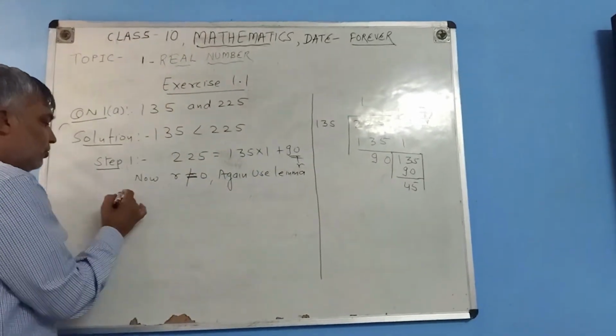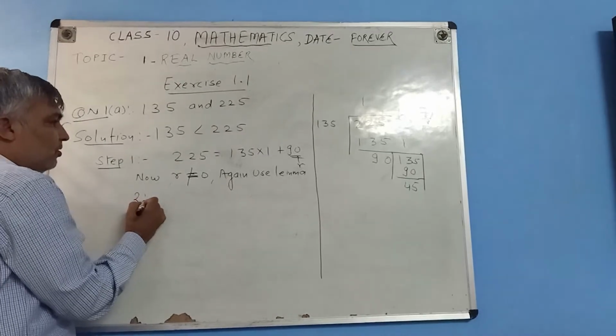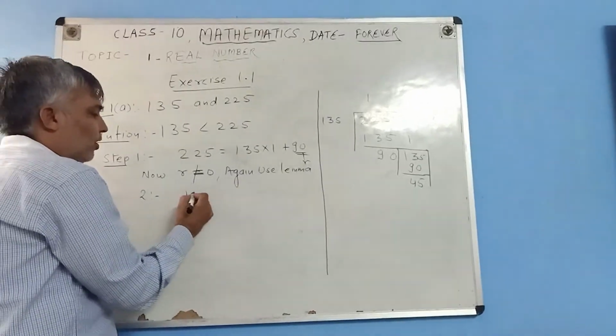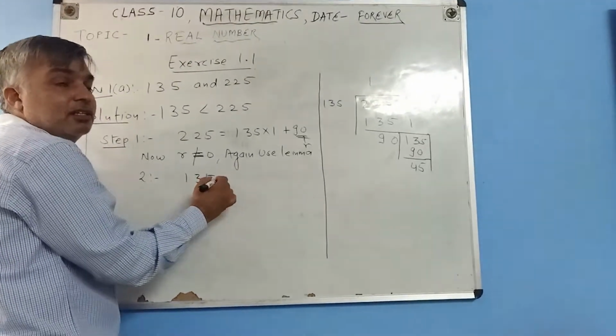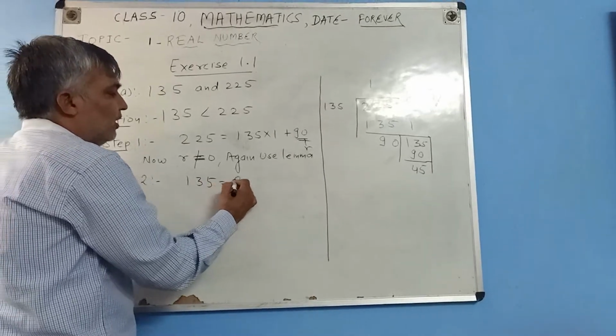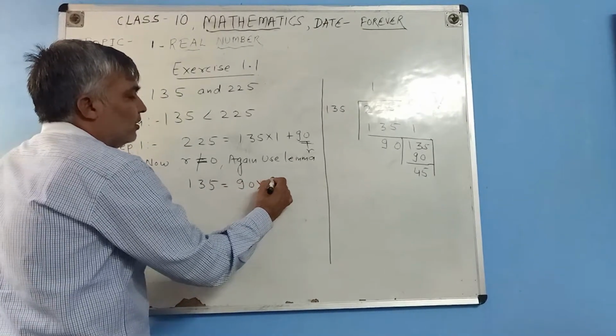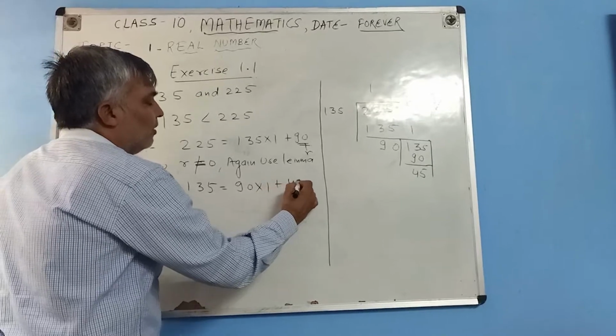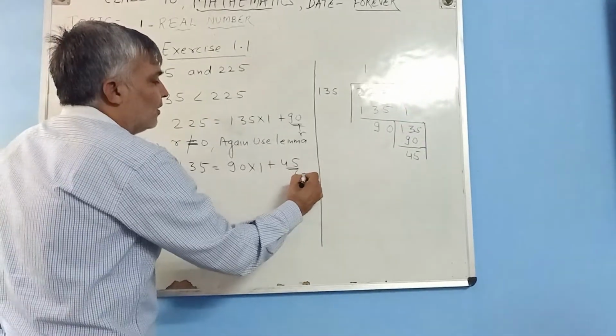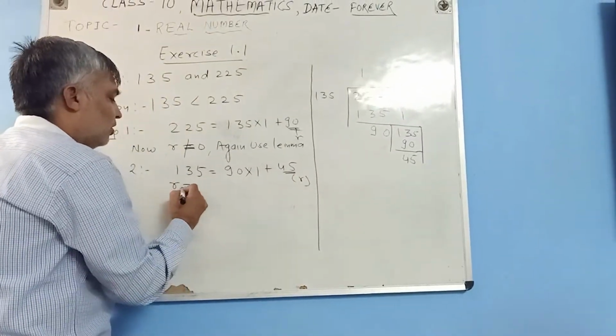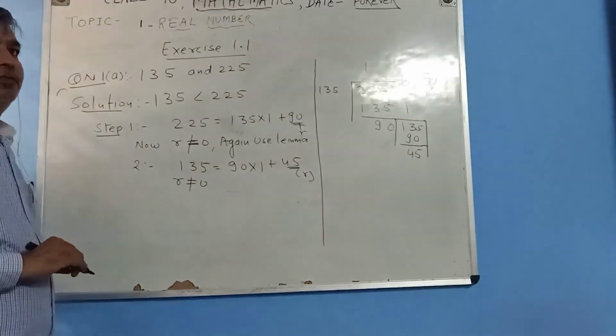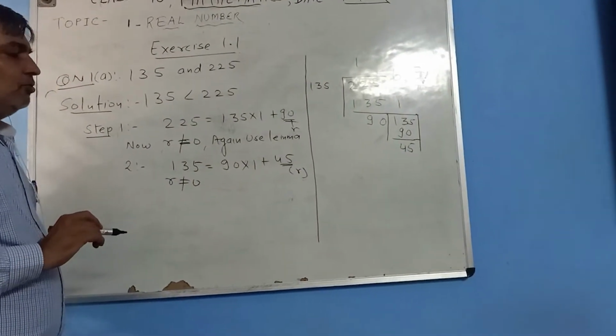Again now, so therefore by step second we shall find 135 equals 90 into 1 plus 45. Again this is R. Remainder is not equal to 0.